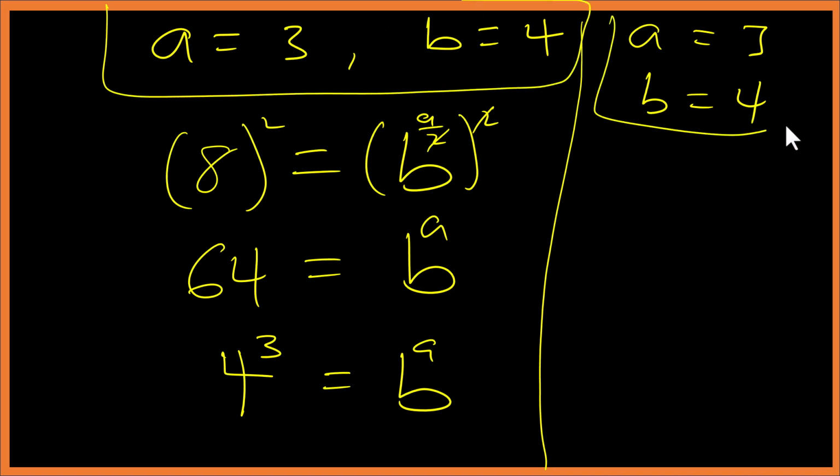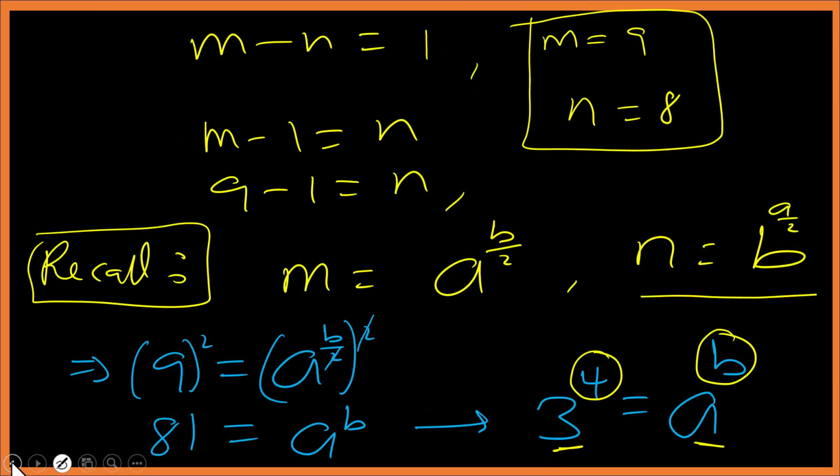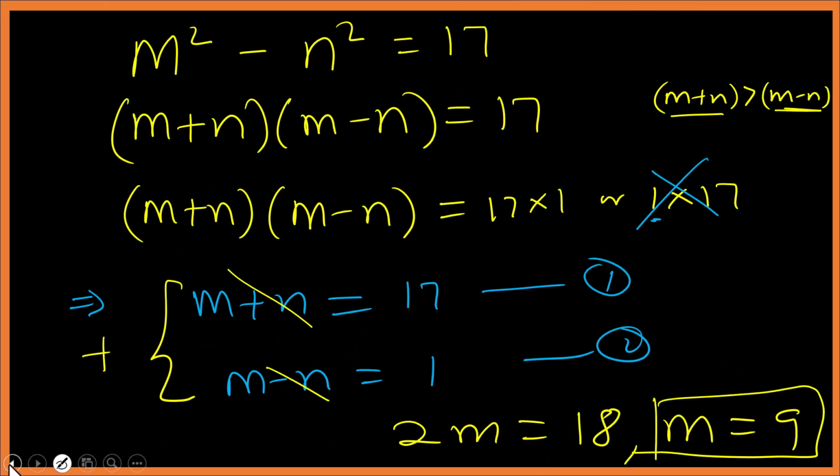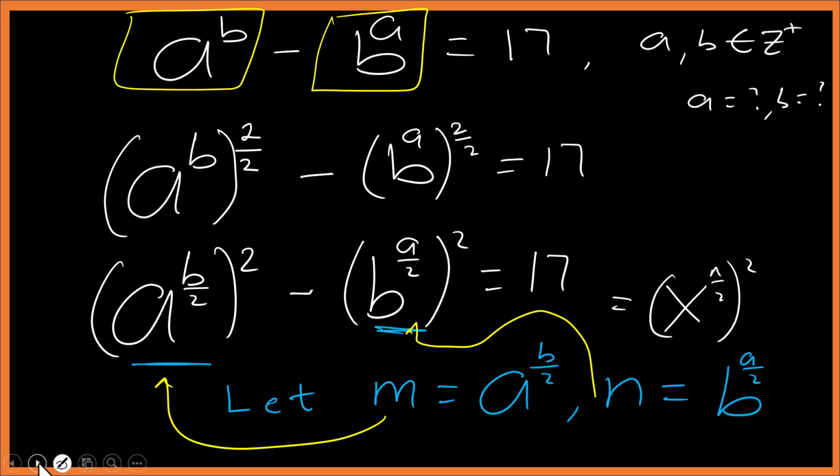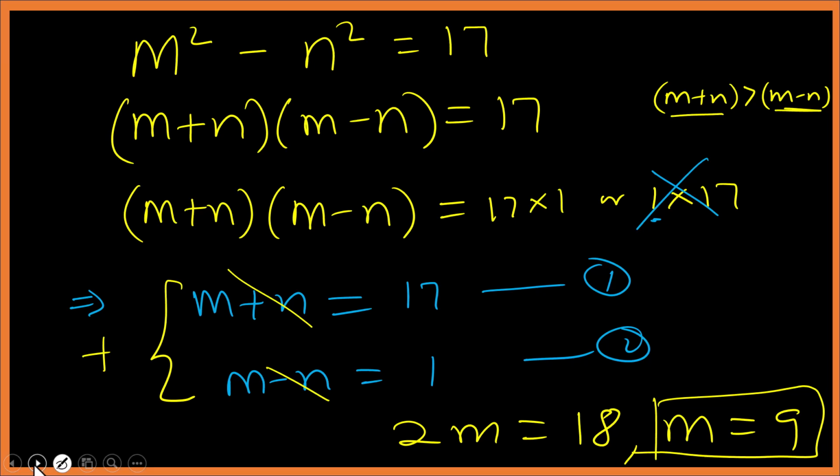All right, now let's go back. We have a raised to b minus b raised to a equals 17.